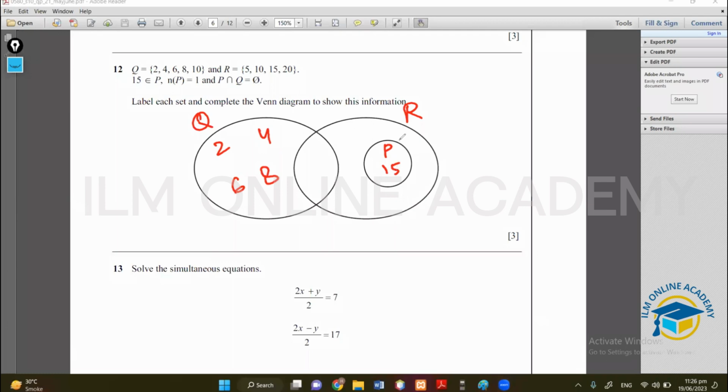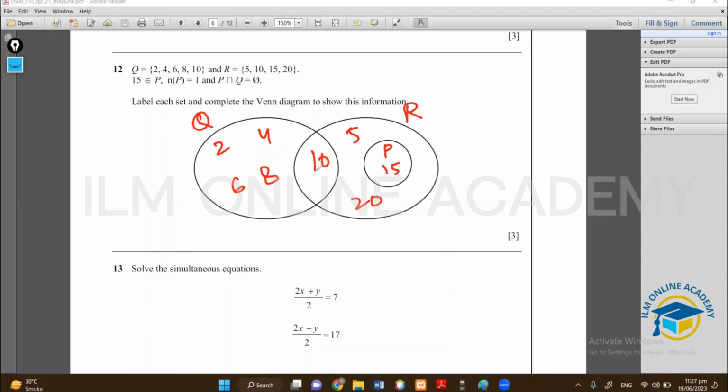It doesn't mean that it is not in R, because I have already told you that P is a subset of R. Now the remaining things are 5, 20, and I'm going to write 10 here because 10 is the common element between these two sets, Q and R.